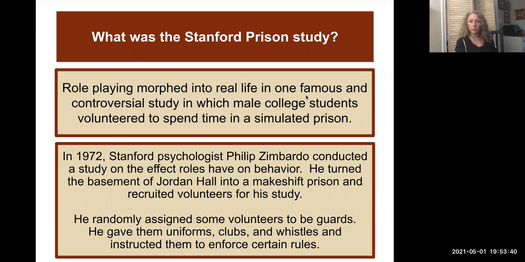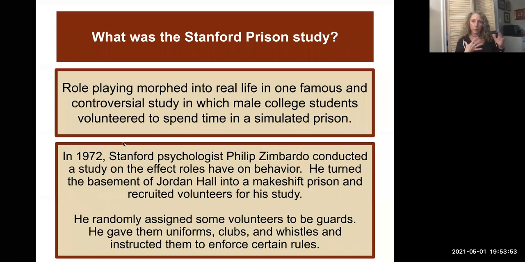Role-playing morphed into real life in one famous and controversial study in which male college students volunteered to spend time in a simulated prison. And there were two groups. There was one group that was assigned the role to be the prison guards. And then the other group was assigned to be the prisoners.